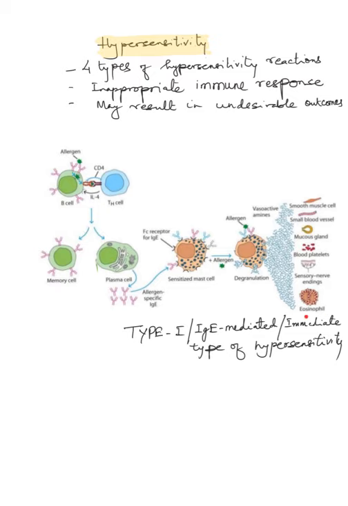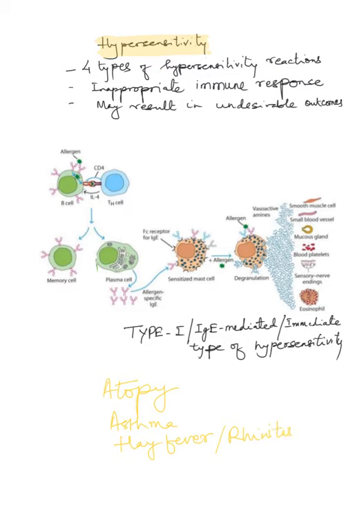They'll release eosinophil chemotactic factors, neutrophil chemotactic factors, and all these outcomes will result in certain kind of disease. For example, atopy, yes, then you have asthma, you have hay fever, rhinitis, allergic rhinitis.